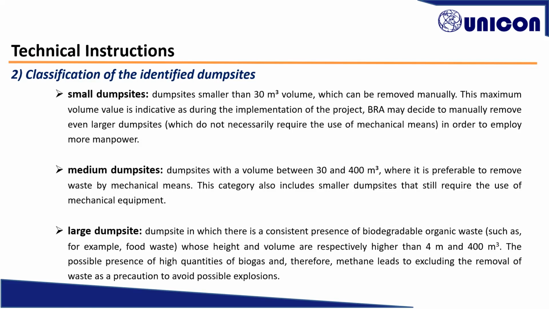In this case, the possible presence of high quantity of biogas and therefore methane that are generated by the decomposition, degradation of the organic matter can lead to excluding the removal of waste as a precaution to avoid possible explosion given by the contact between the methane and the oxygen that is present in the air.